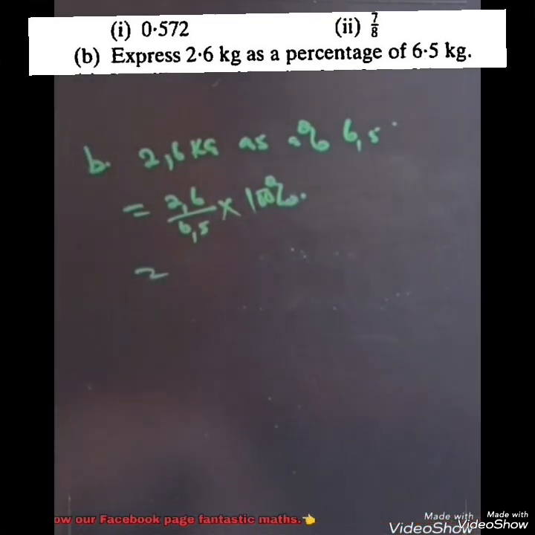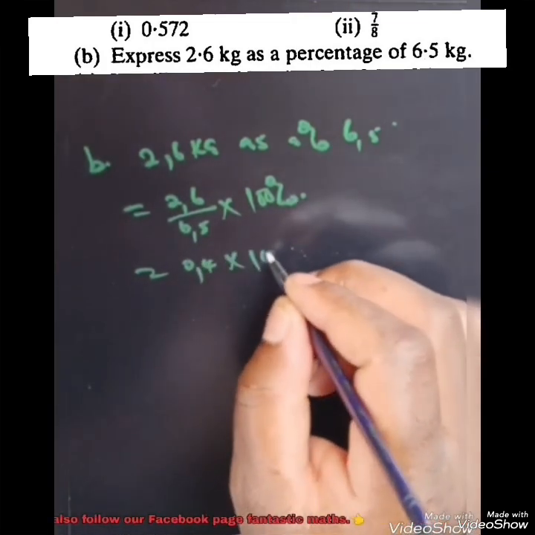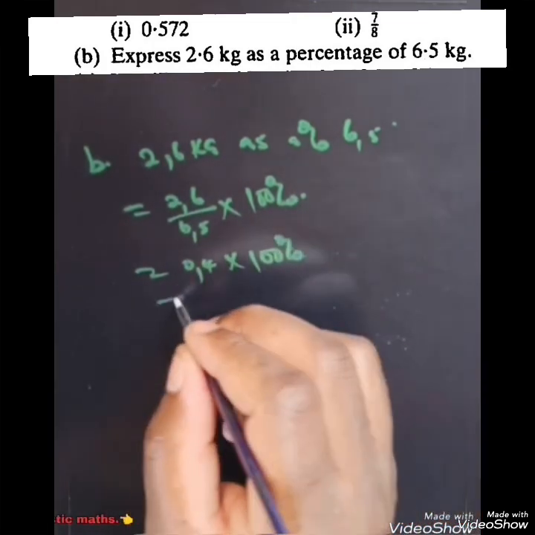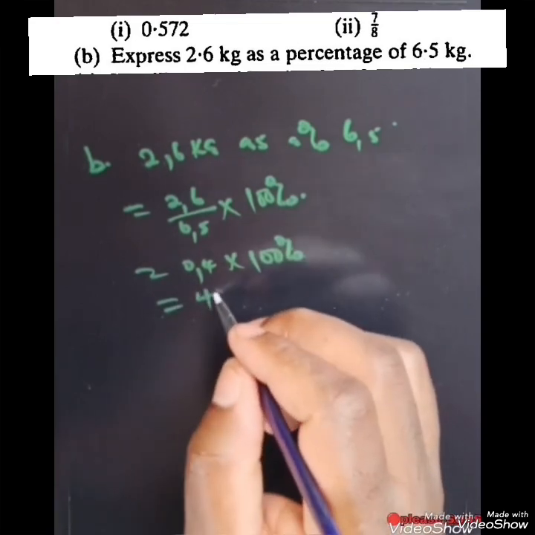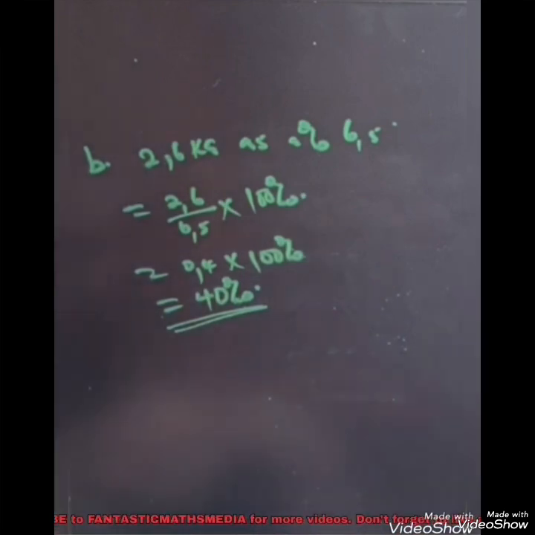We can use a calculator from here to find the exact value of dividing 2.6 by 6.5, which is 0.4. Times 100%, our final answer is 40%. Let's move on to the next question.